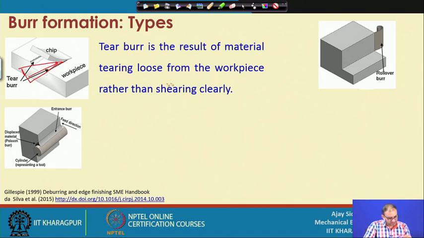Instead of a purely shearing action, your workpiece is getting torn away. This happens many times in laminated material, for example composite material with different layers. When you cut it, it will always find an interface of the ply, and it will create this type of tearing burr. So these are called tearing burrs.